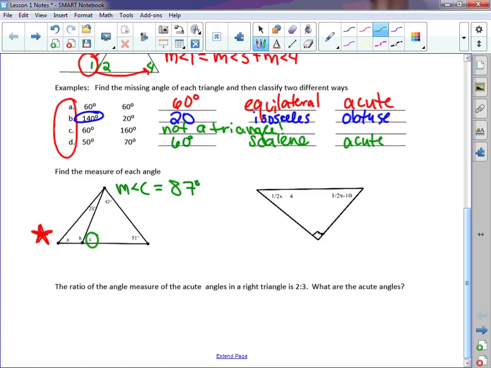Good. Now check your answers. Did you write measure of angle C? Change that, because saying angle C equals 87 degrees is not proper notation. So write measure of angle C, and then check, did you write equals? Because we don't use congruency when we're talking about the actual measurement.